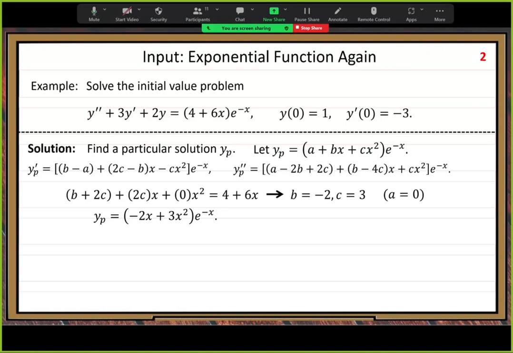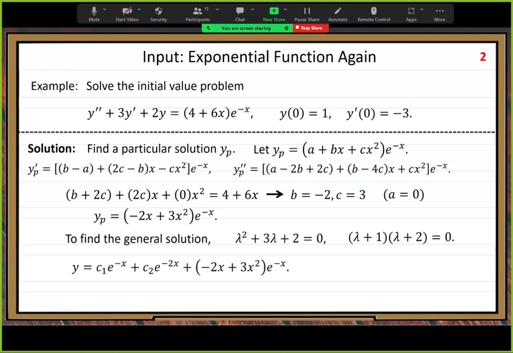Then, homogeneous general solution, that's easy. To find the general solution, we look at the characteristic equation, lambda. It's 2 real roots, -1, -2.